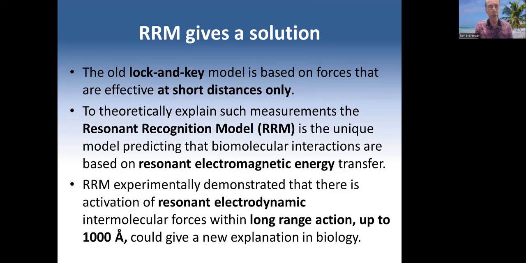And she found that two parts have the same frequency, but with the opposite charge. And you know, opposite charges will attract, same charges will repel. So they have the same frequency but opposite charge, and then they can find each other. This is what they call the resonant recognition model, RRM.